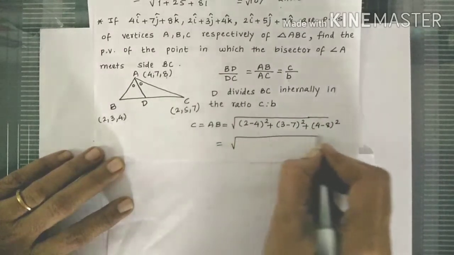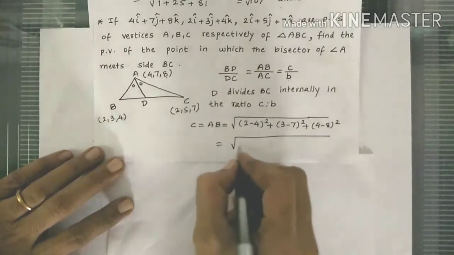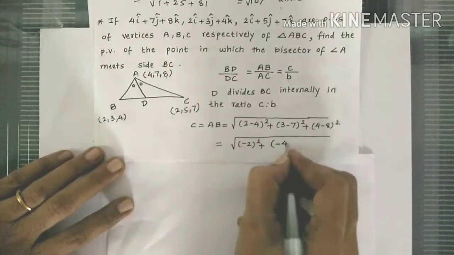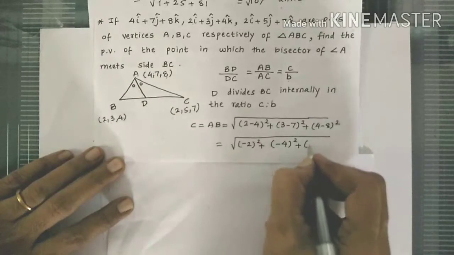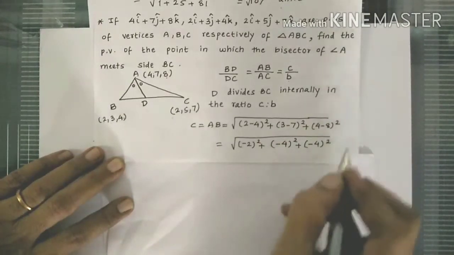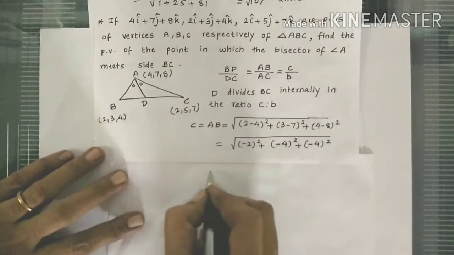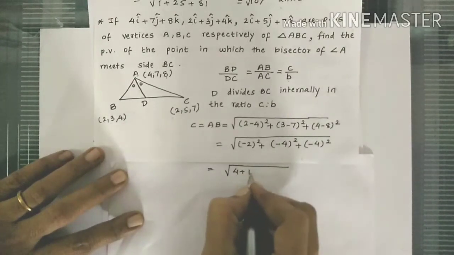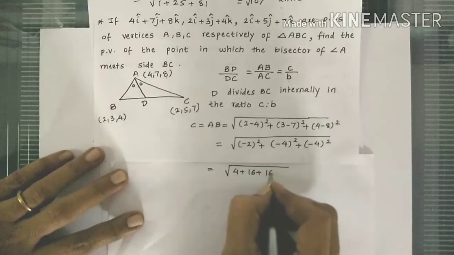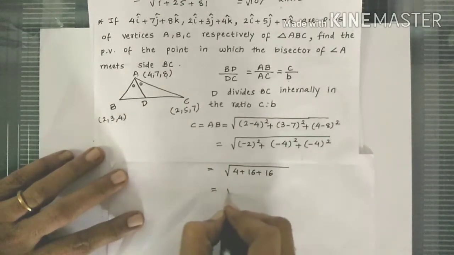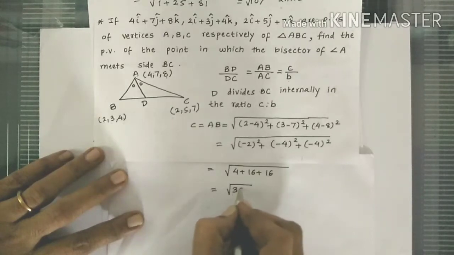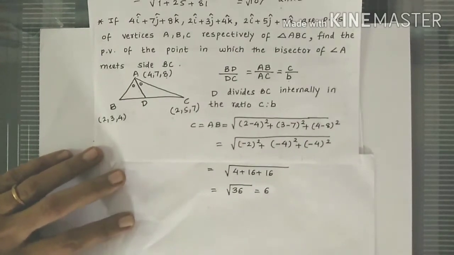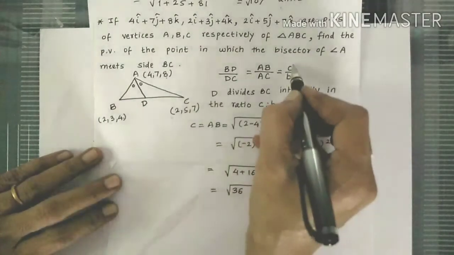So we have root of minus 2 square, 3 minus 7, minus 4 square, plus 4 minus 8, again minus 4 square. So that is equal to root 4 plus 16 plus 16. So that is root 36 equals 6. So we have c equal to AB equal to 6. So we have c now.